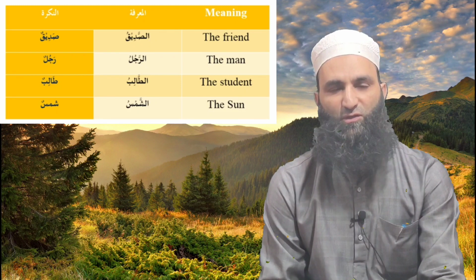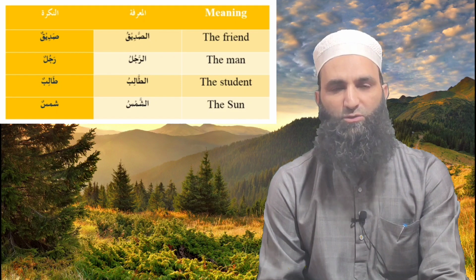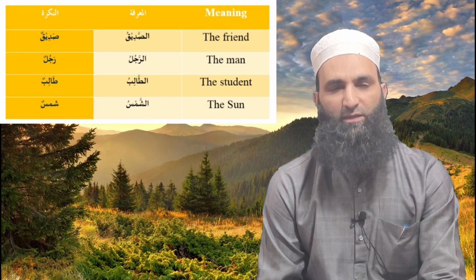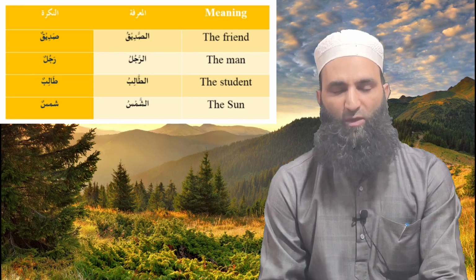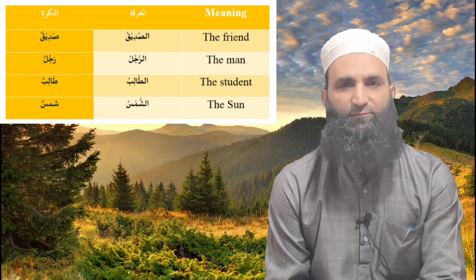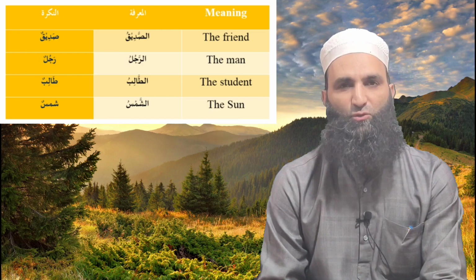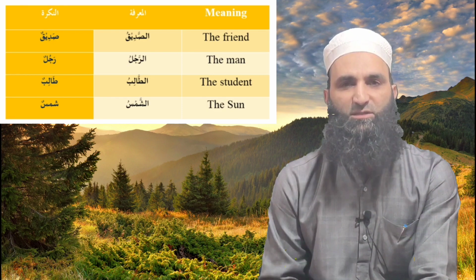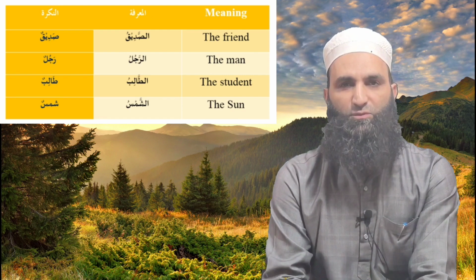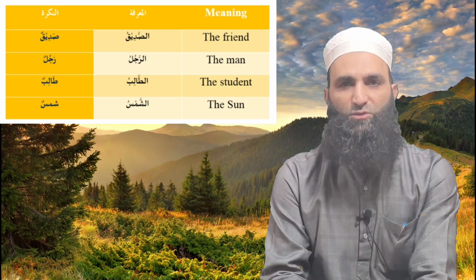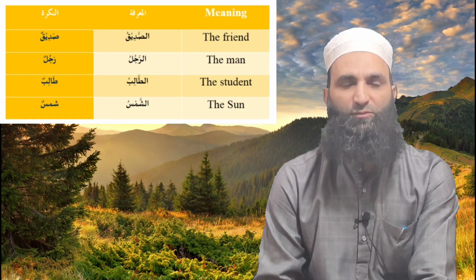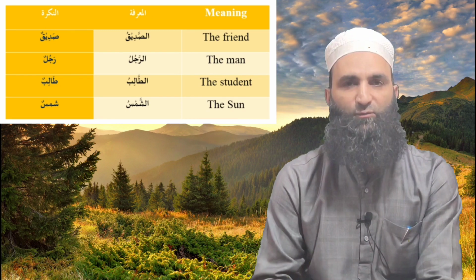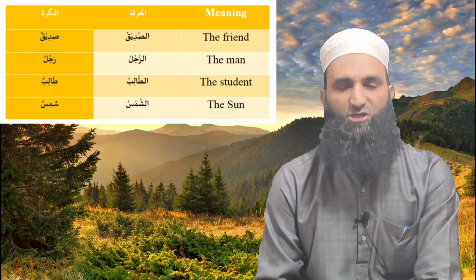Number 1 is sadiqun, number 2 is rajulun, number 3 is talibun, and the last one here is shamsun. When we change them to marifa by prefixing alif lam, you can see in the second column what happens. In pronunciation we have to drop lam, so we directly say as-sadiqu without pronouncing lam, and then ar-rajulu, at-talibu, and ash-shamsu.